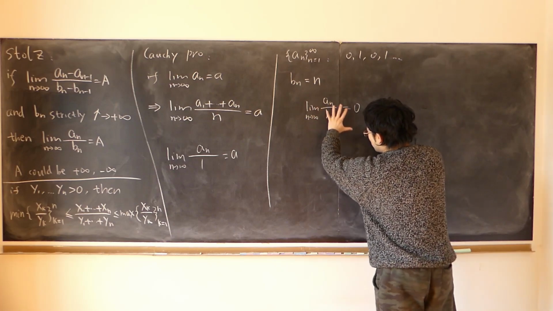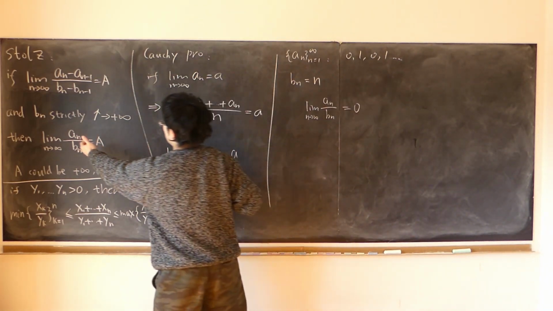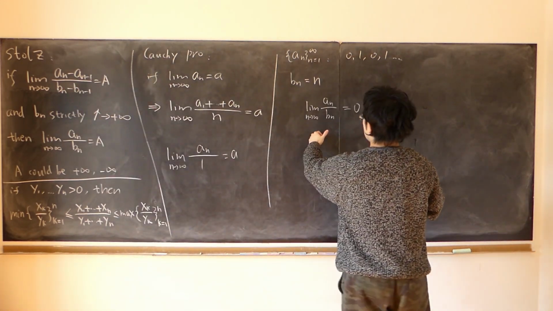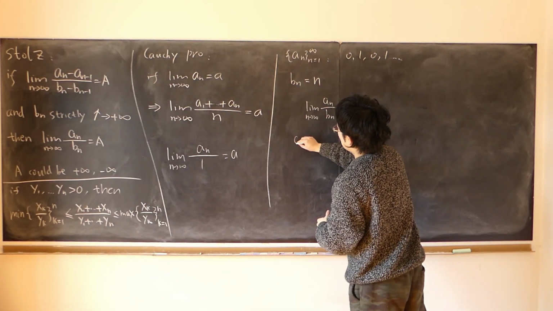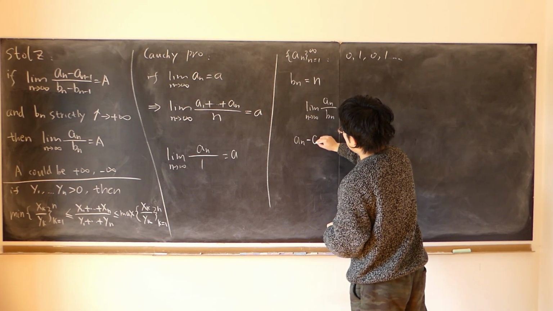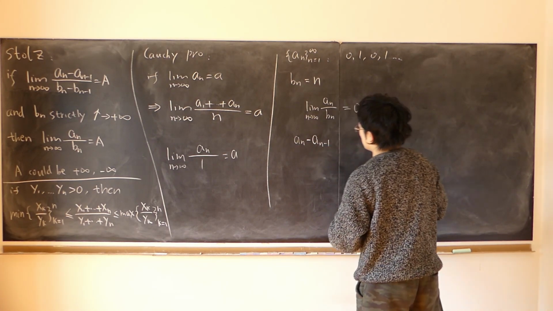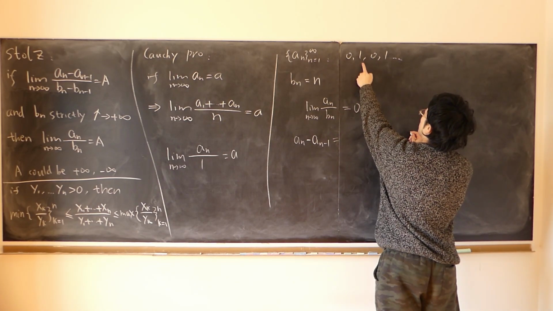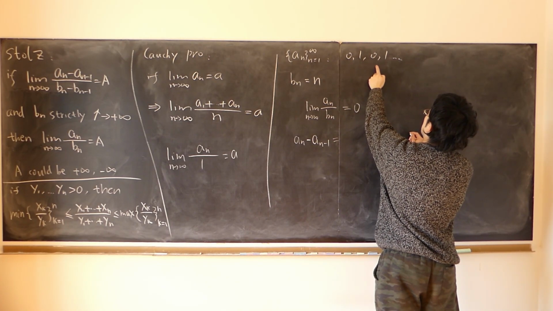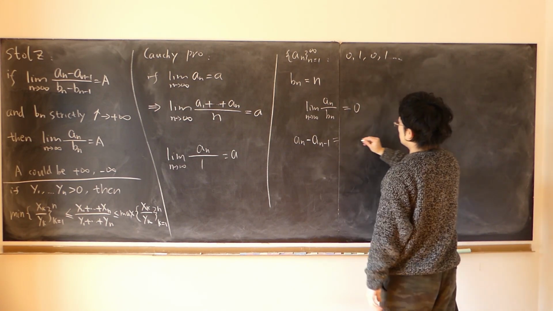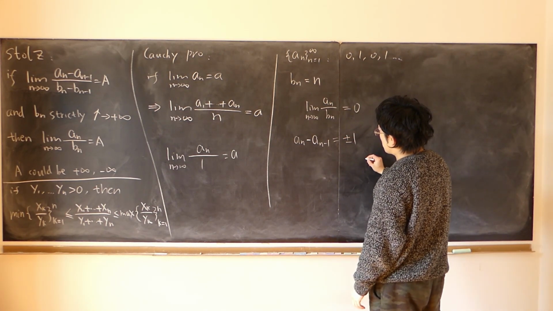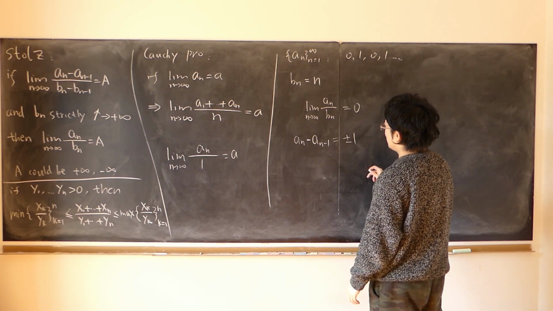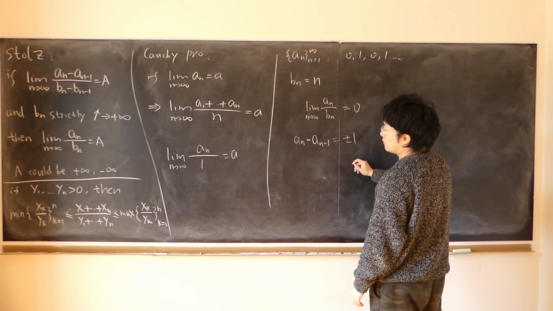Now, even if this limit exists, like I said, it doesn't necessarily mean that this limit exists. The reason is because what's an minus an minus 1? Right? It's either going to be 1 minus 0, that is 1, or 0 minus 1, that's negative 1, right? There's no definitive number. It's only positive or negative 1.